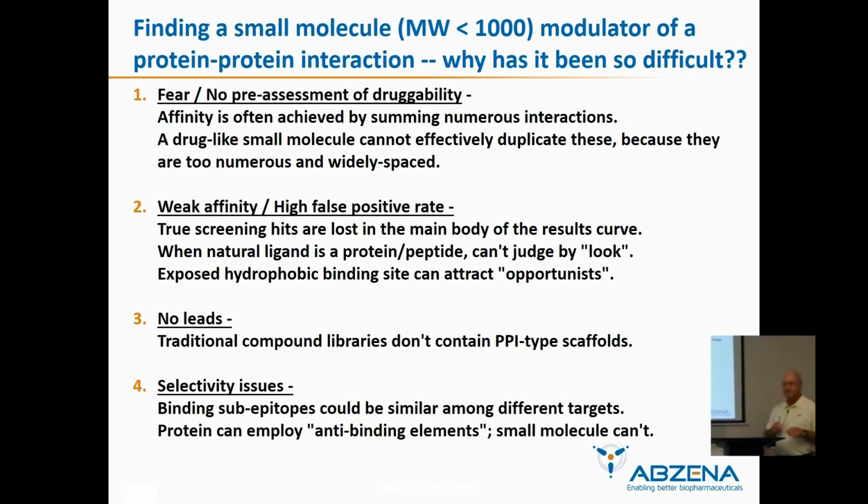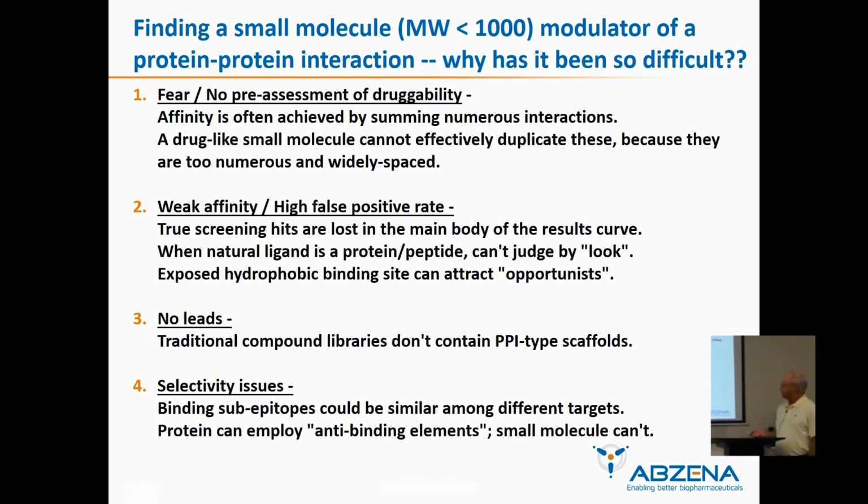And when you do your screening and you get the typical hit curve, the most potent hits are usually false positives, so that the authentic hits are lost within the body of the screening curve. Now, for some targets, like kinases, for example, you can look at the hits and say, well, this looks like a kinase inhibitor because it mimics ATP, the natural substrate. But for these protein-protein interactions, it's hard to just look at the hits and tell whether they're real or false.